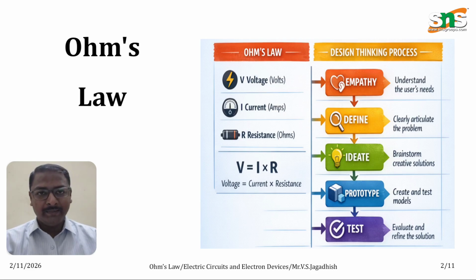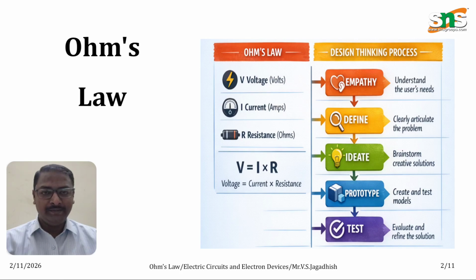I will summarize the 5 stages of design thinking here. The first stage is empathy, where the user has to understand the needs of the customer. The second stage is define, where we clearly define what the problem or the need of the customer is. The third stage is identify, where we brainstorm and create various ways in which the problem can be approached or solved.